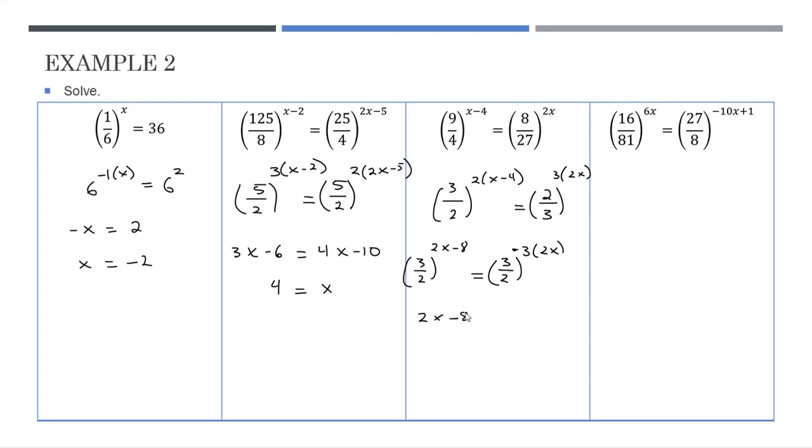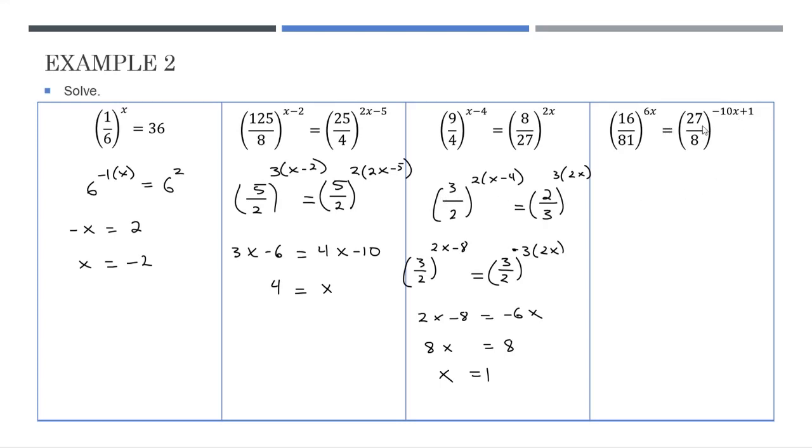So we have 2x minus 8 equals negative 3 times 2x, which is negative 6x. I'll add 6x to both sides, so I get 8x, and then I'll add 8. Divide both sides by 8, you get x is equal to 1. Again, it's not terrible. It looks a lot worse than it really is.